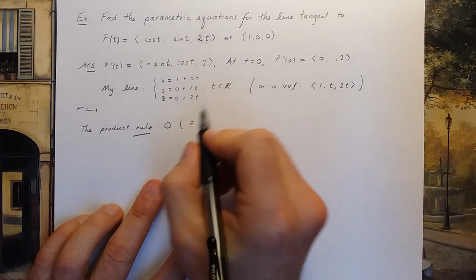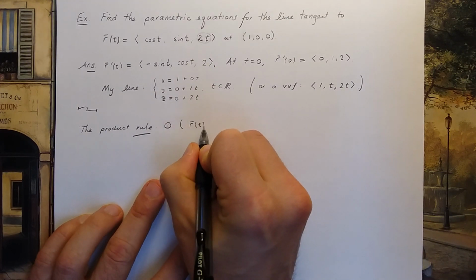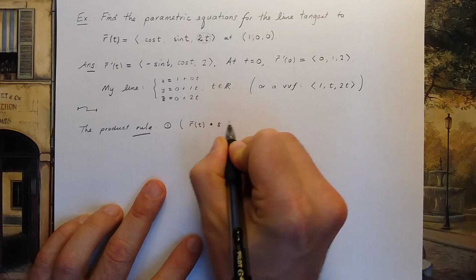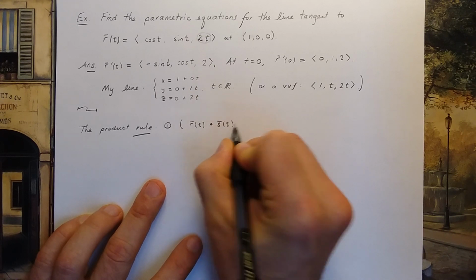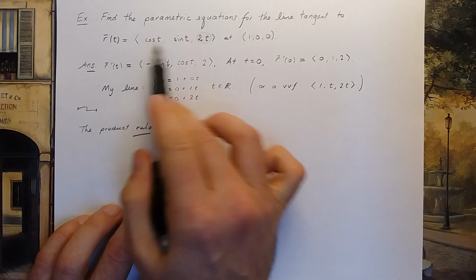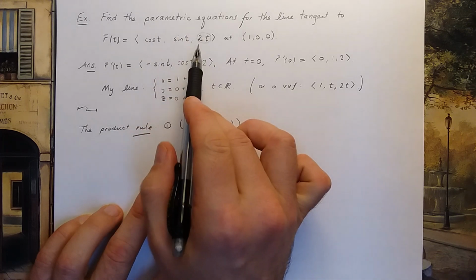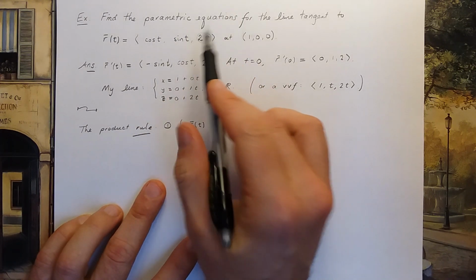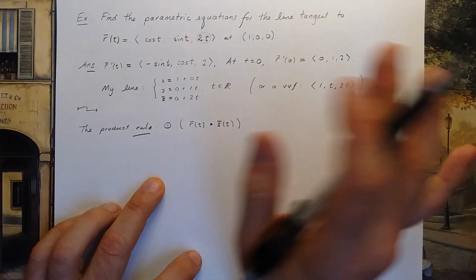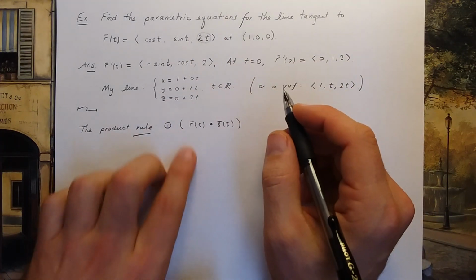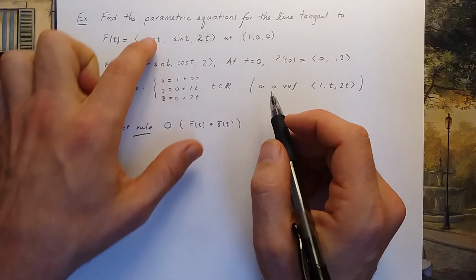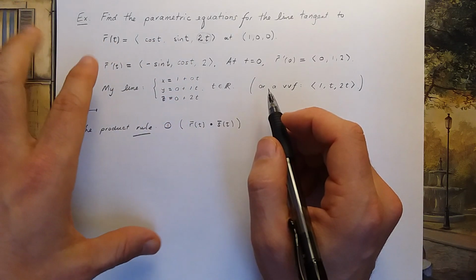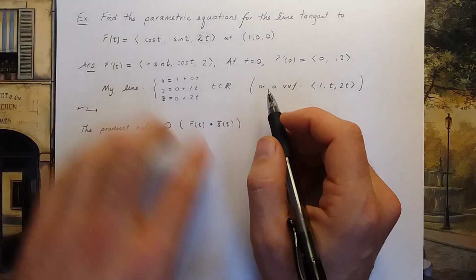So I have two vector-valued functions, let's say r and s. Since the outputs of my vector-valued functions are vectors, I could take the dot product. If I take the dot product of two vectors, I don't get a vector anymore. I get a scalar. So the dot product of these two vector-valued functions will not be a vector function. It'll be a scalar function.